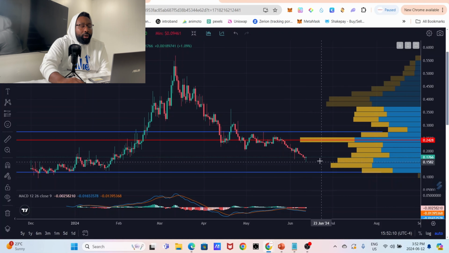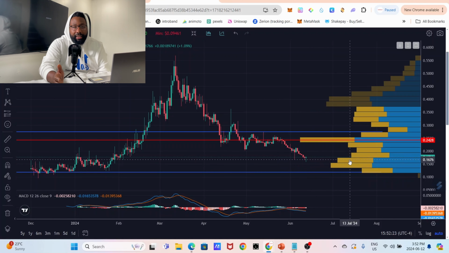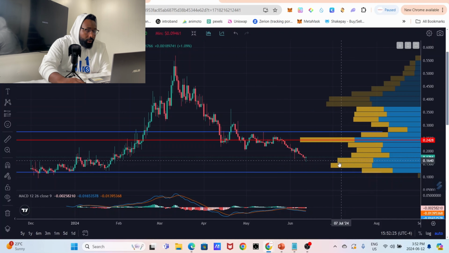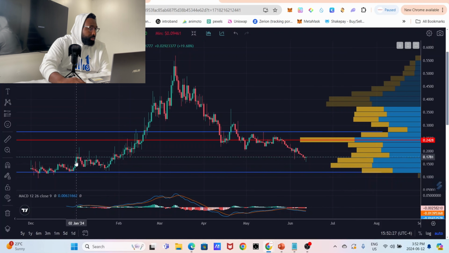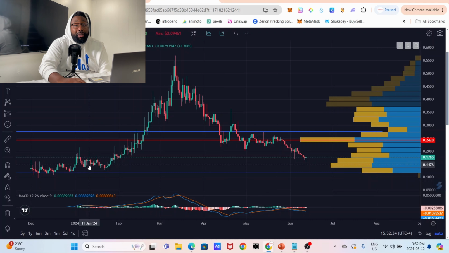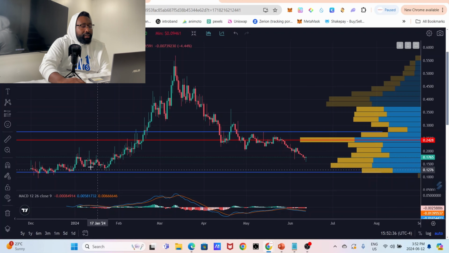But we are more than likely going to have a little bit of consolidation around this 13 cent, 14 cent level, maybe all the way up to the 17 cent level, and have a bunch of price action in and out through here for who knows, maybe the next couple of weeks, the next month or so, because there's a lot of volume trading here previously, which makes it harder for price to break through these previous levels and zones.